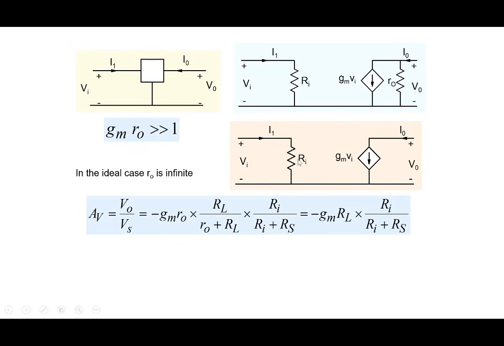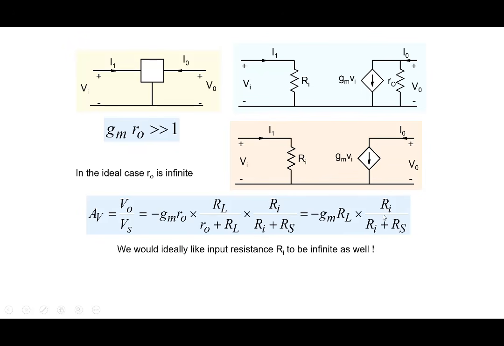Again, we are thinking of building an ideal amplifier. An ideal amplifier would be one where Ri is much, much larger than Rs, whatever source resistance Rs you connect. That condition can be arranged if we make Ri equal to infinite also.